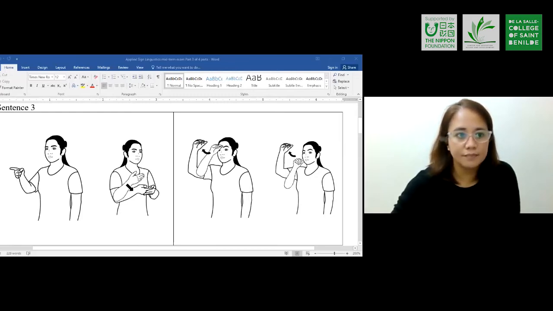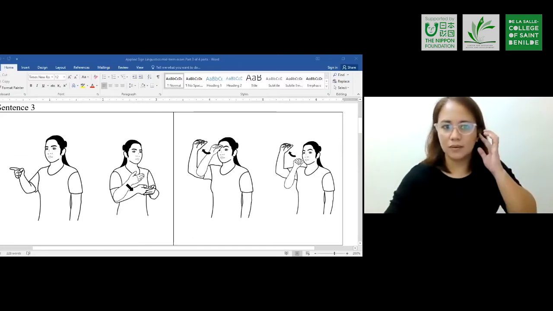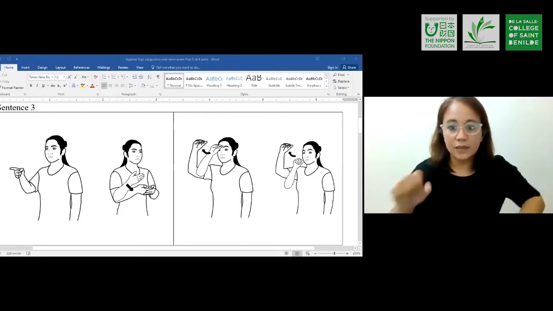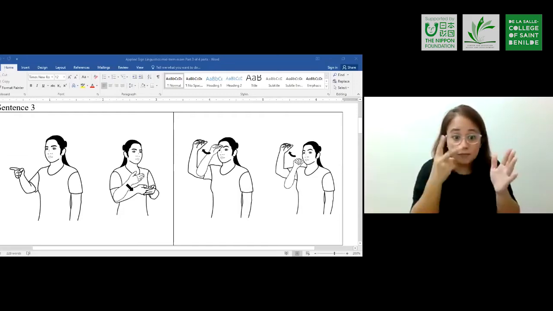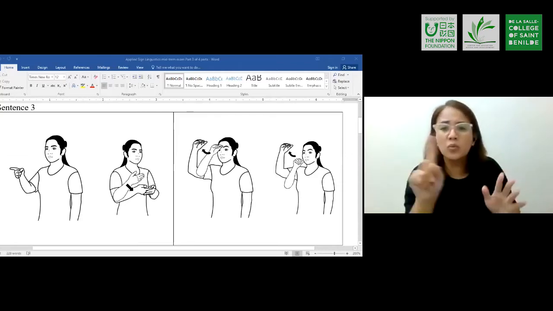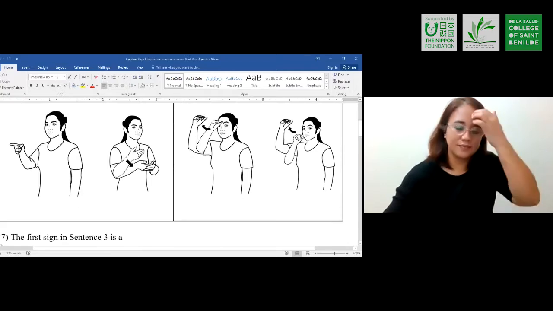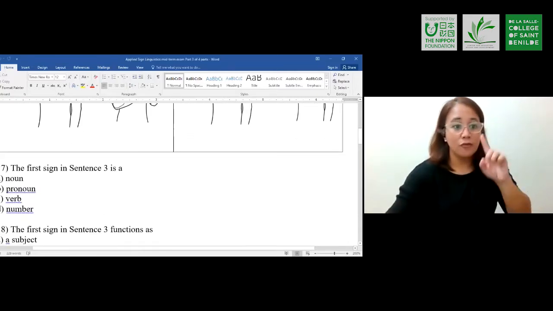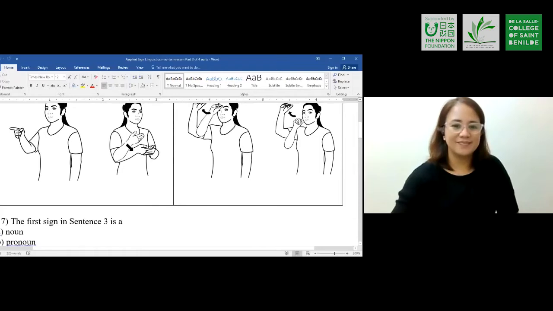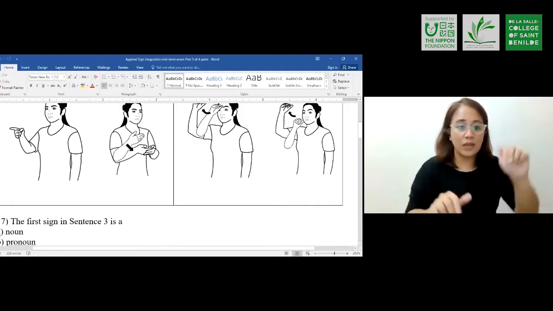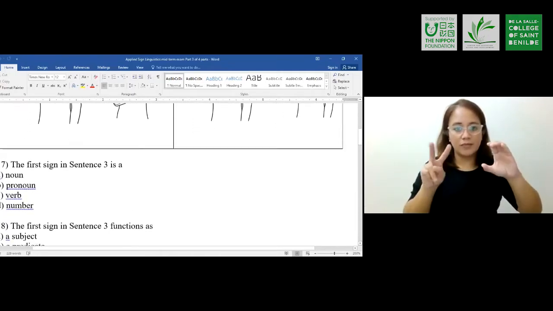So basically, your close friend, is your close friend a man or a woman? Can you see the full text? Because part of my screen is showing over the text. Yes, sir, we can see. Okay, all right. So then the first sign, which is you, in sentence 3 is A, a noun, B, a pronoun, C, a verb, or D, a number.